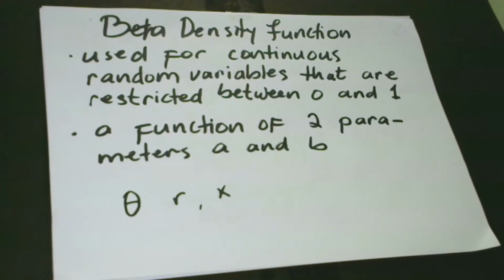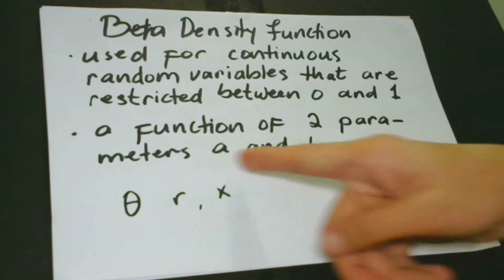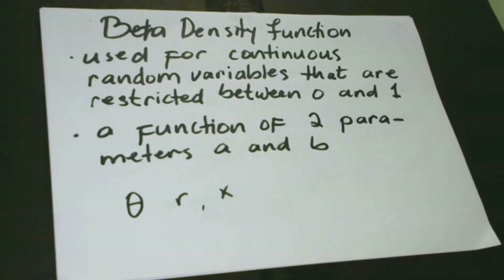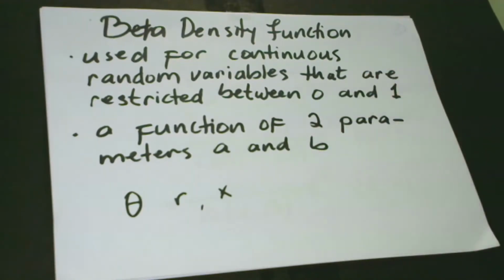This is a function of two parameters, A and B. This kind of distribution is only defined for theta, which can sometimes be represented by R or X, or you can choose any letter if you want to, depending on the user, lying in the range of 0 and 1. Also, beta density function represents a family of probabilities, and this is a versatile way to represent the outcome for percentages or proportions.